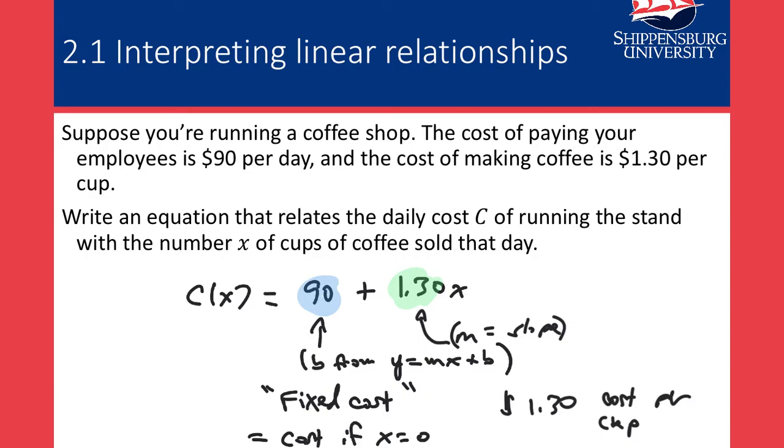We can interpret that as for every cup of coffee, it costs us $1.30. And so that means 1.3 is a rate of change. So it's dollars per cup, and it's a rate of change of the function. So we have the fixed cost and we have the rate of change of cost. And when the function is linear, the rate of change is a constant everywhere.